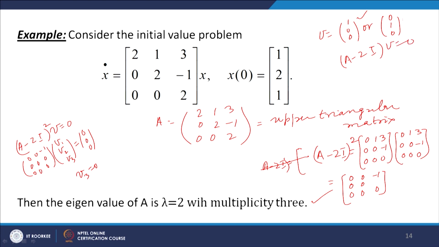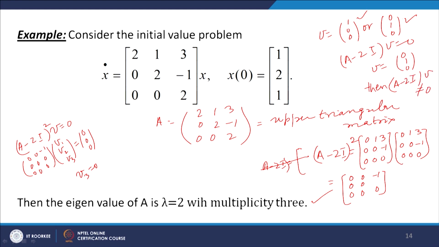So, let us choose 0 1 0, corresponding to lambda, such that (A minus 2I) square B equal to 0 and (A minus 2I) B not equal to 0. If you choose B as 0 1 0, then (A minus 2I) B will not be equal to 0.